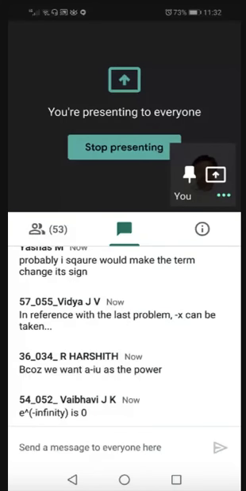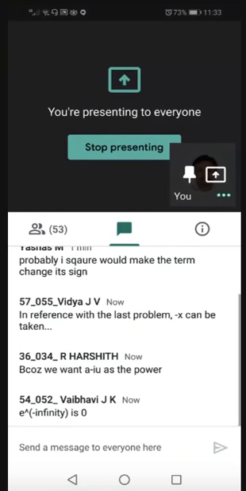Yes, very good. Vaibhavi is the correct answer. She is telling e power minus infinity is 0. Correct. If you have taken minus x outside, e power minus x will come. When x is plus infinity and you substitute, e power minus infinity will come, which is 0.